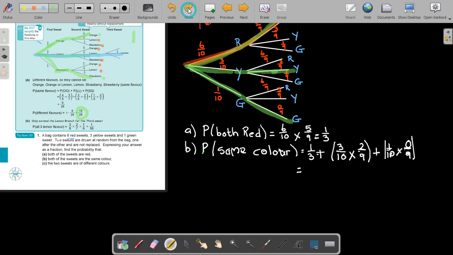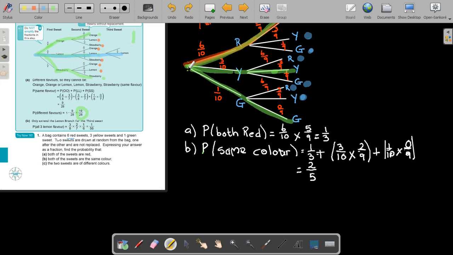Okay, let's just get my answer back. So different colors, it's going to be this one, this one, this one, this one, this one, this one. Can you see? So every time it will just be all the ones except the green ones.